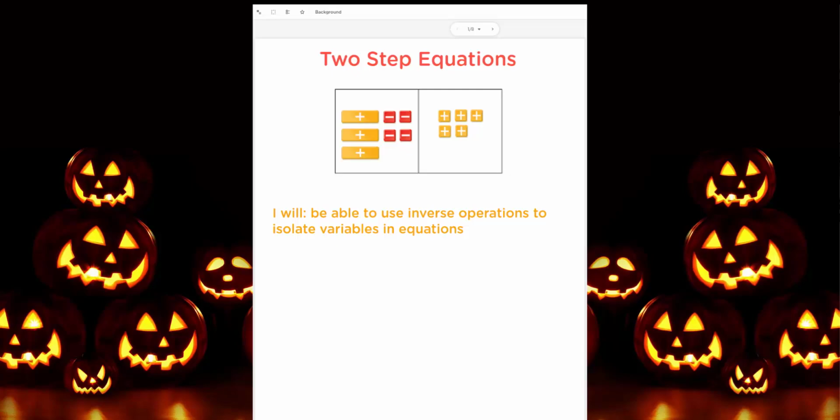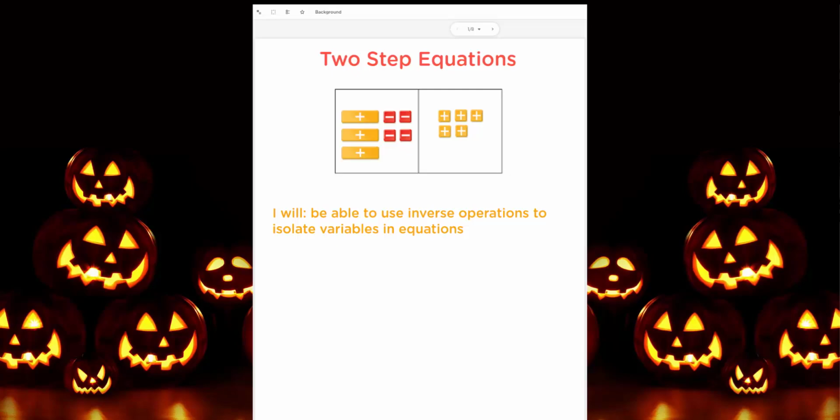Now, this is something that most of you will recognize when you see it, because you've probably studied it in years past. We are going to eventually move away from two-step equations and begin looking at equations where you'll need to use 3 or more steps in order to solve the variables.